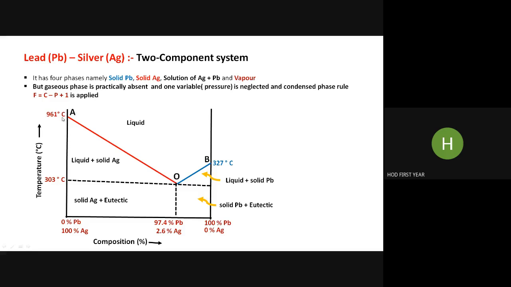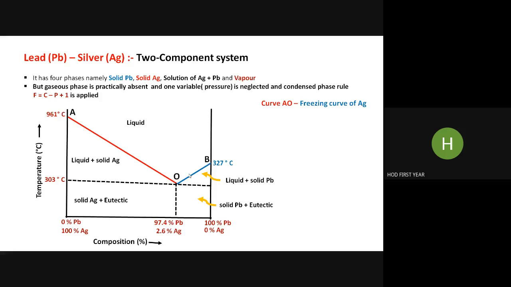Initially we have 100% silver, and this is the melting point of silver. When we start adding lead, the melting point decreases. Melting point decrease म्हणजे काय? It is kind of a freezing process. So therefore, curve AO is labeled as the freezing curve of silver. काय म्हटलंय? Freezing curve of silver. Why freezing curve? Because the melting point of silver is decreased after addition of lead, up to the point O.